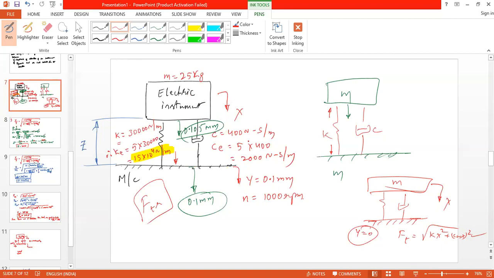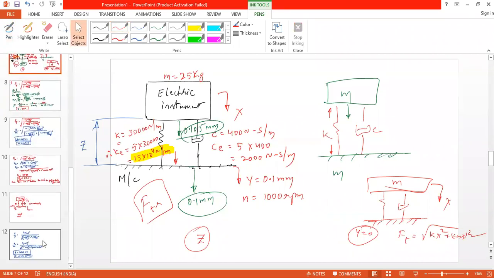Therefore, we need to use the relative displacement Z. Any other doubt? No, sir. So, since both the mass and the support are moving, we are using the relative displacement to find the value.